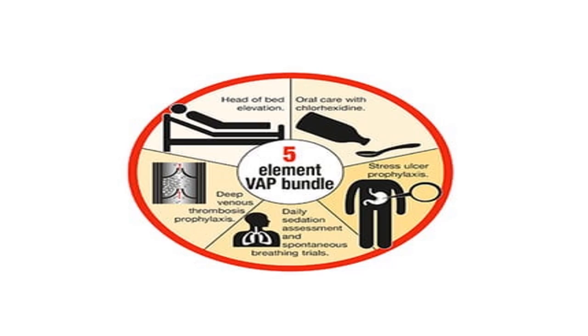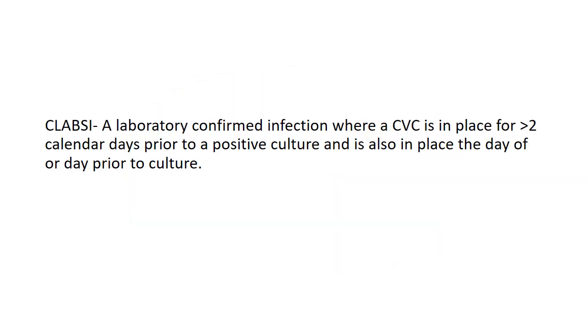And also DVT prophylaxis. That is, we should give DVT prophylaxis to the patient. And also, we should better use an endotracheal tube with a supraglottic suction port, and with that port do suction frequently to prevent aspirations. So these are the things, if we practice, we can prevent VAP to some extent.